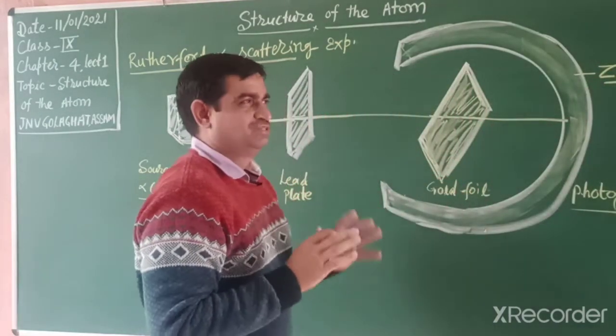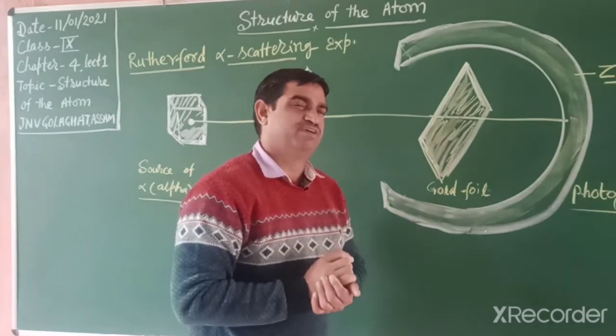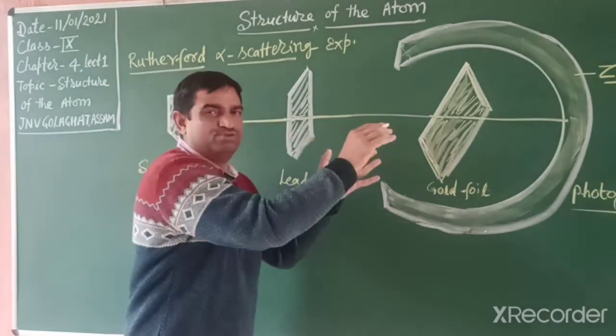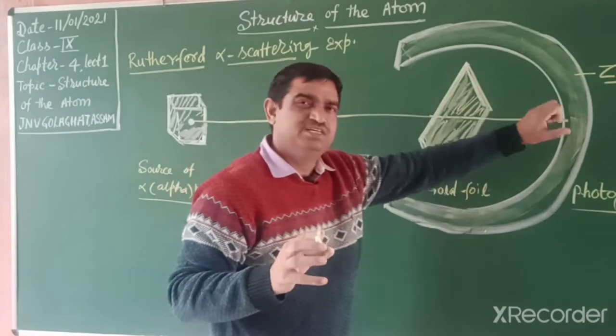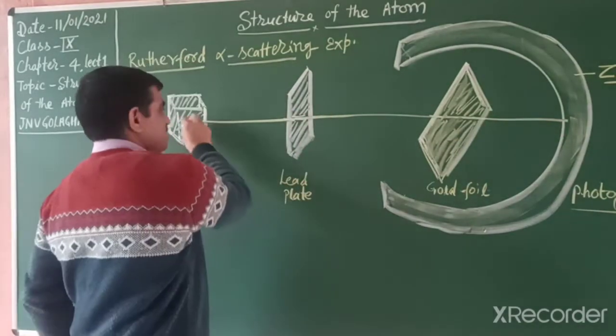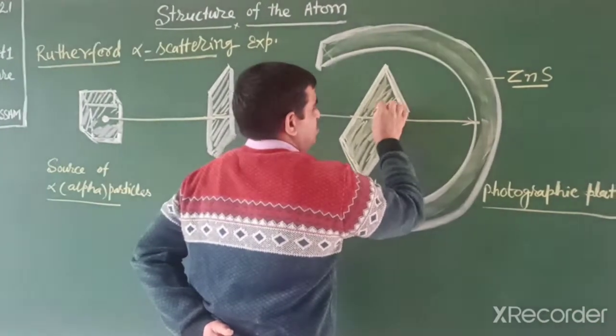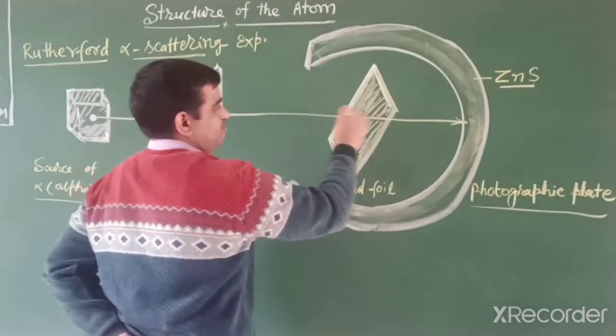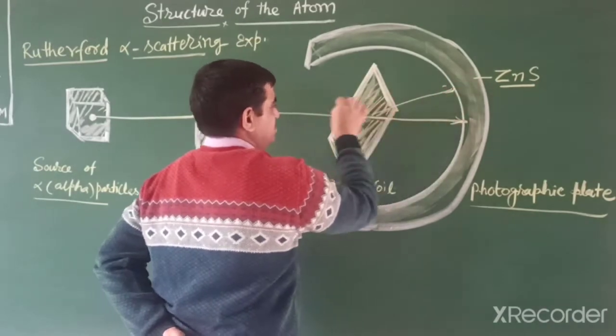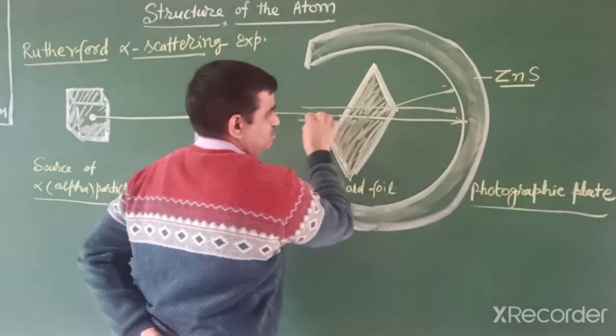Students, what is the characteristic of zinc sulfide? When radiation strikes it, it gives a sparkle. So during the bombardment, many particles strike, and almost all particles pass through. Some move like this, others move like this.